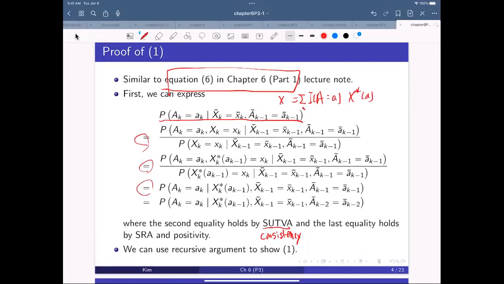So anyway, that is the second equality, and the third equality is again Bayes, right? And then the last equality is the conditional independence.